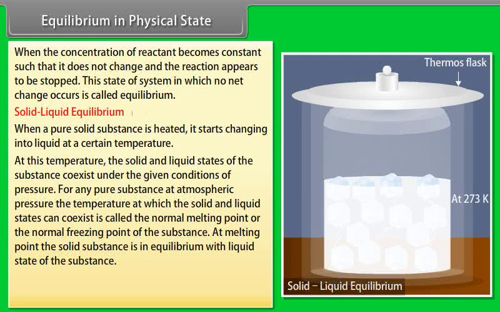This represents a dynamic equilibrium between ice and water. As there is no change in mass of ice and water, the number of molecules going from ice into water is equal to the number of molecules going from water into ice. Thus, at the equilibrium, rate of melting is equal to rate of freezing.